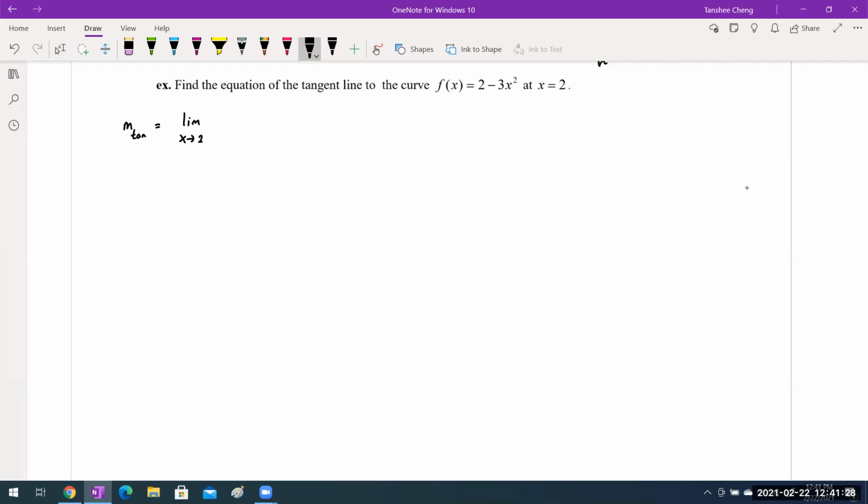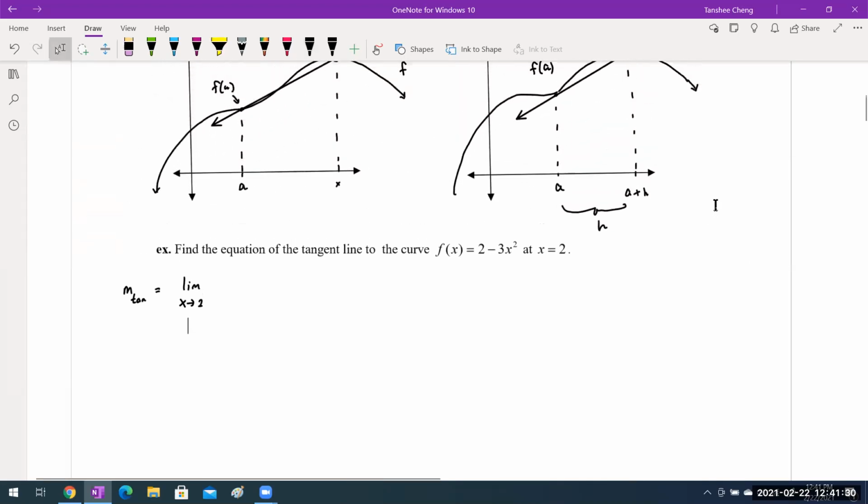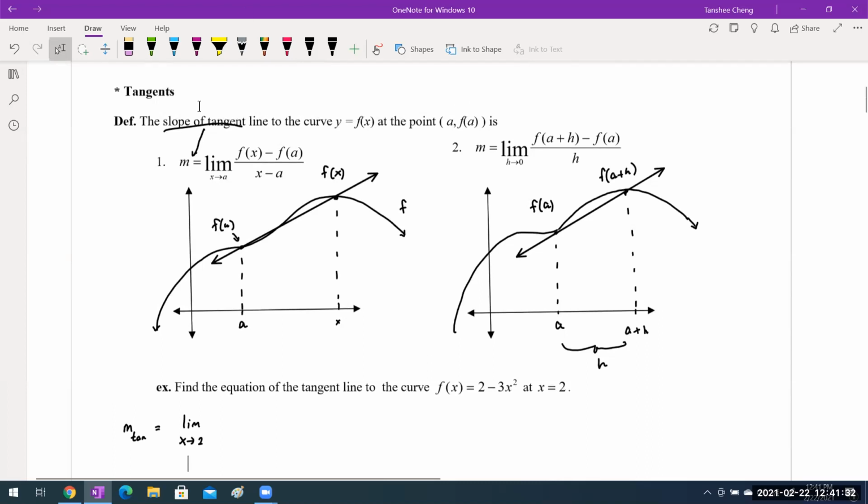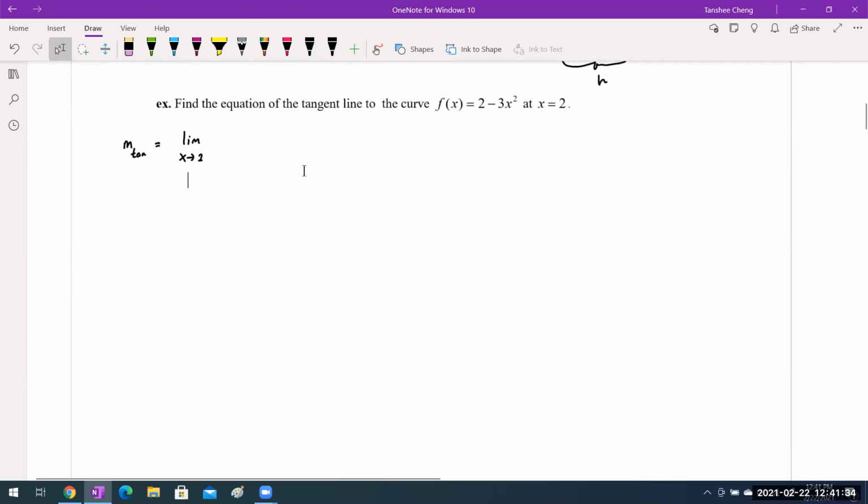So I'm basically using this first formula right here, formula number 1. Then this will become f of x minus f of 2 over x minus 2.